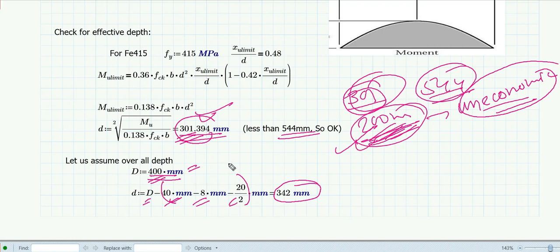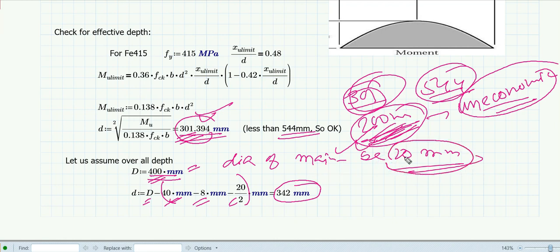Now let us assume the diameter of the main bar to be 20 mm. Let's change that. If you want, you might not change it, it's up to you. I would like to change it to 20 mm because I'm reducing the depth, so there is a probability that more steel will still be required. That is why I thought we should change the diameter from 16 to 20 mm.